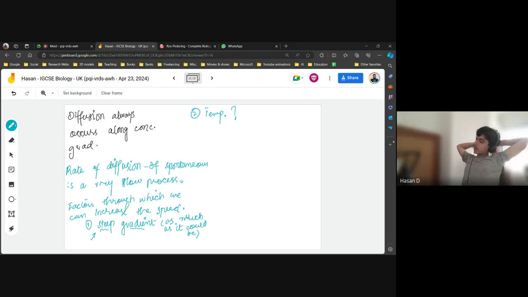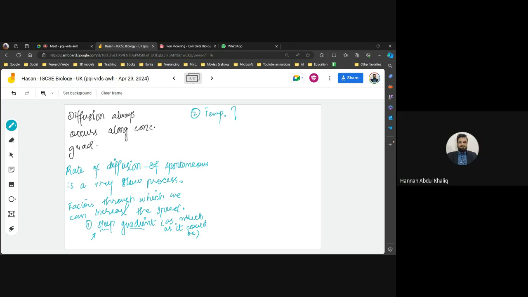Because it increases the energy of the particles. You can say it provides the kinetic energy. You are not wrong. It increases the energy of the particle, but it is better to name the proper energy.